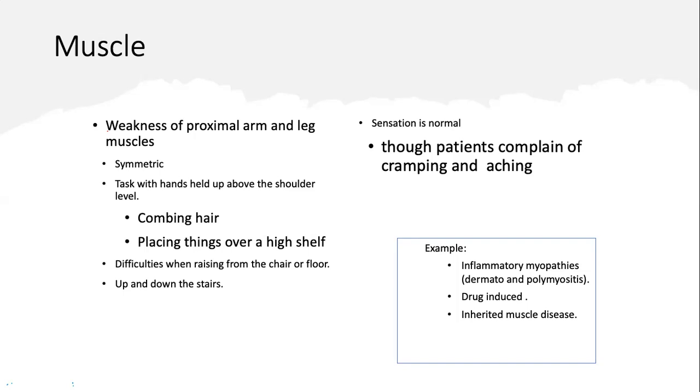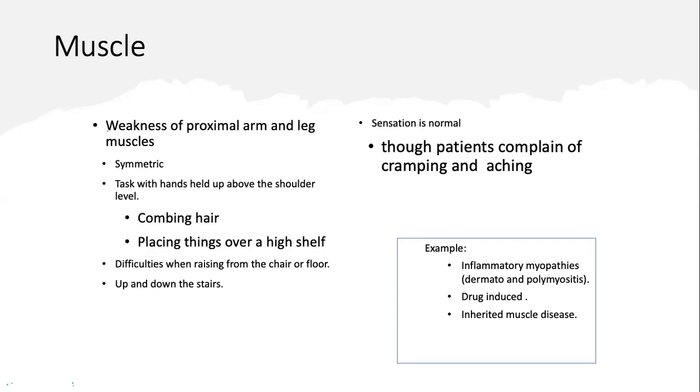He will have difficulty in performing tasks that require raising the arm above the head level. For example, when brushing or combing the hair, when washing the hair, a lady wearing her scarf, it will be difficult. Reaching objects on a higher shelf will be difficult because of the proximal weakness.